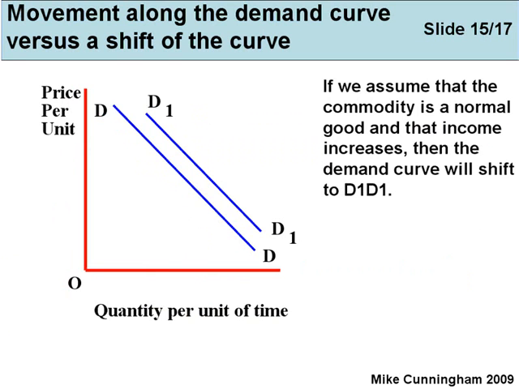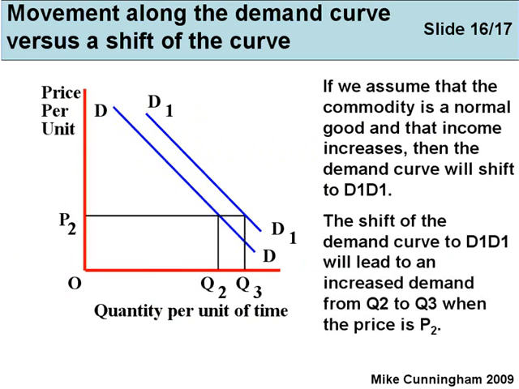In this diagram, as income increases, the demand will shift from D to D1, because at any particular price, we will now demand more. The shift of the demand curve will lead to an increase in demand from Q2 to Q3 when the price is P2.